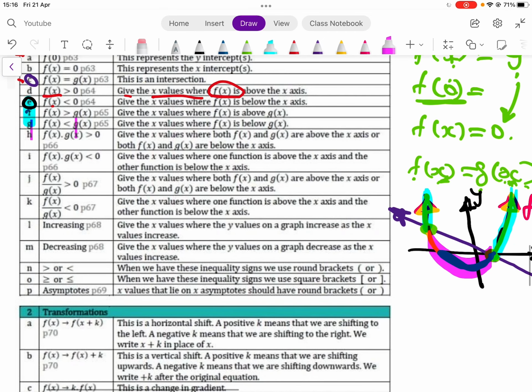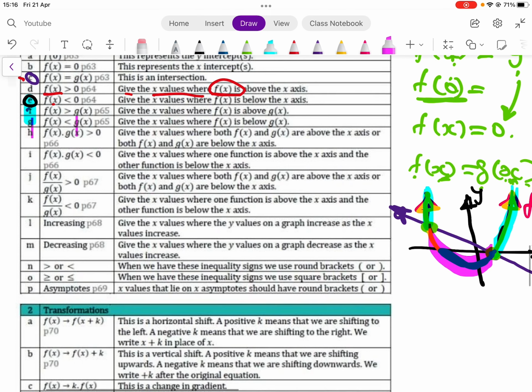And now we can speak about a portion where f times g is greater than 0. That basically means a portion where f of x multiplied by g at x is greater than 0. That's the portions where the two are on the same side of the x-axis, either above or below.